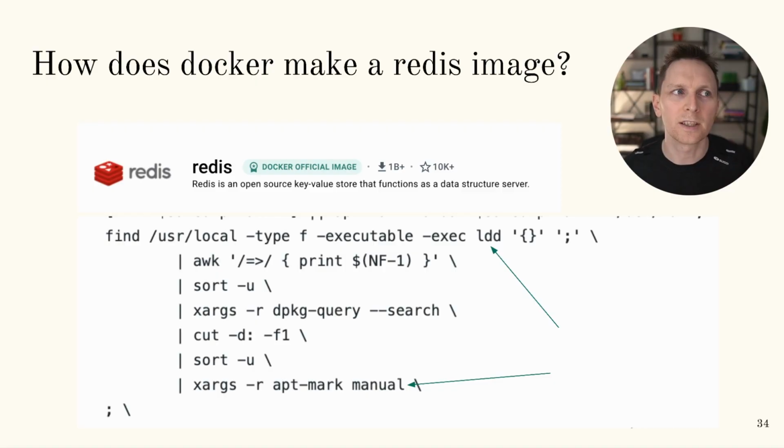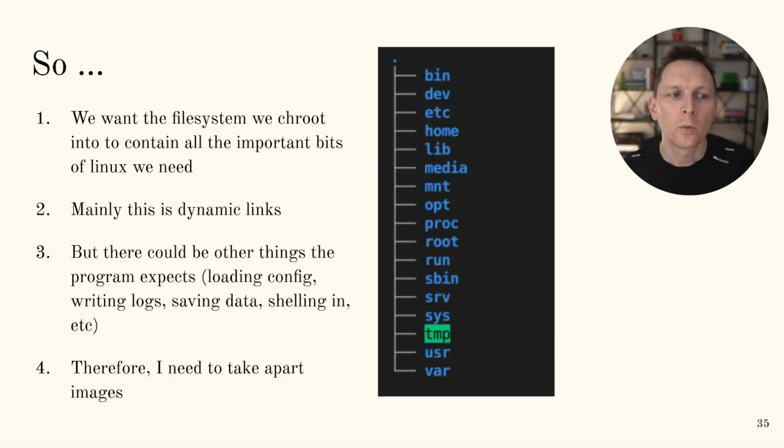So it's equivalent to setting up all these paths that are needed inside my new root, so everything is where it needs to be when it starts up. That explains why when we change root inside of it, we see all of Alpine Linux in there: we need these important bits to start up our program. We need to have the things that are dynamically linked in the places that are expected.